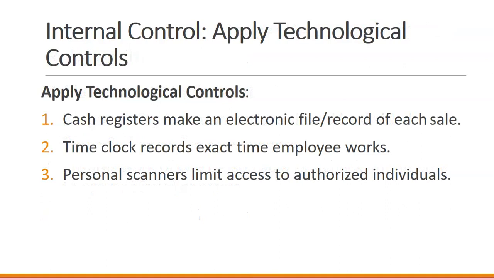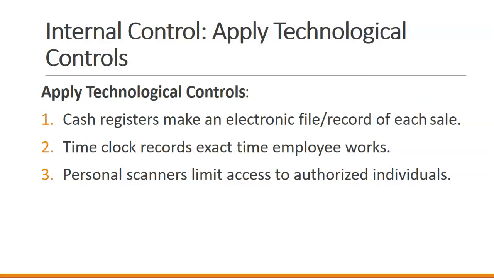Then we can also have technology. So cash registers, computerized cash registers that have an electronic file of each sale, having an electronic time clock that records the exact time employees work instead of having a pencil time card or something, having scanners which limit access to authorized individuals.